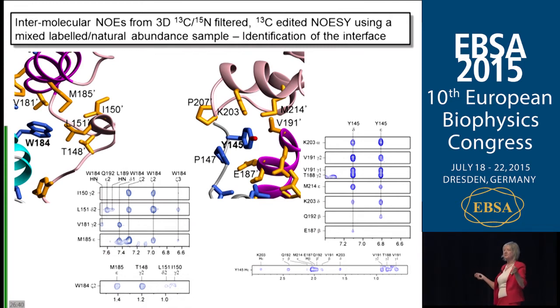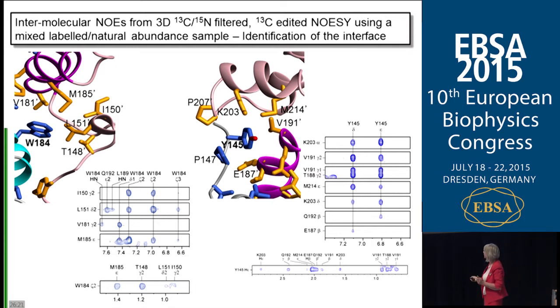In these types of experiments, you only see interactions between a proton that's attached to a heteronucleus and a proton that's attached to a natural abundance nucleus. So you very cleanly can map out intermolecular interfaces.